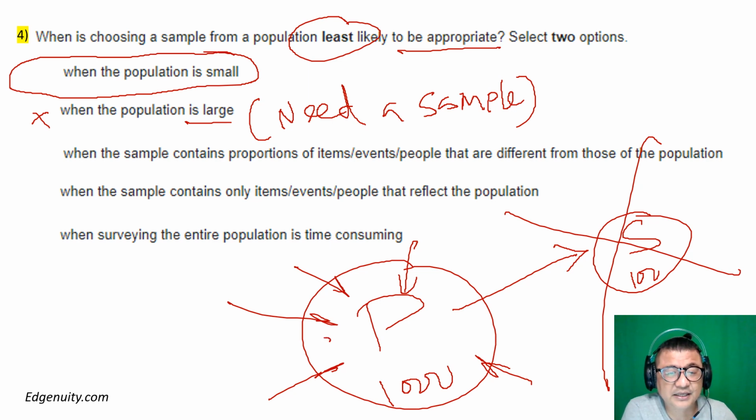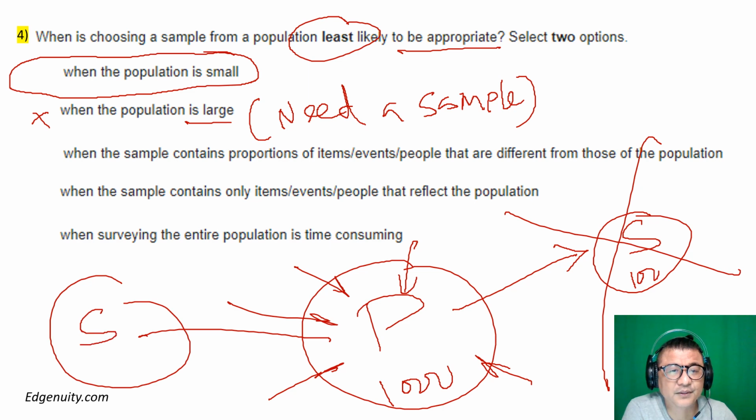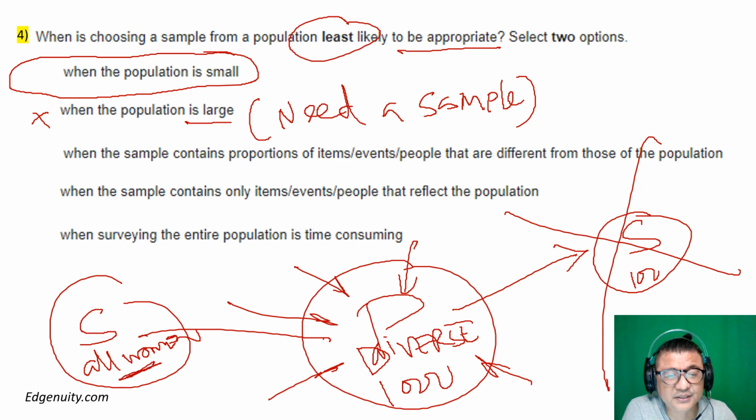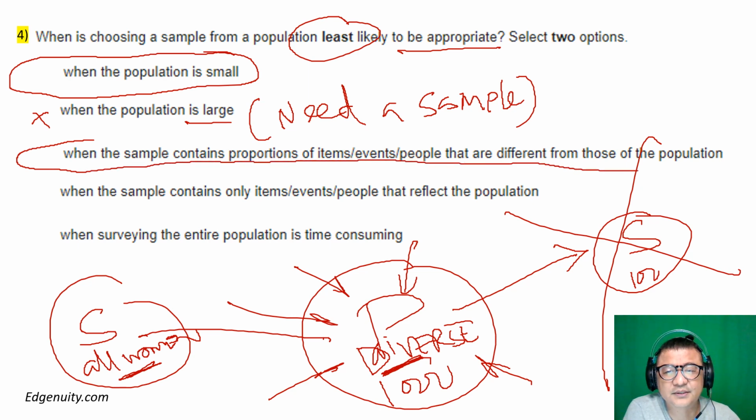For example, I got a sample of, let's say, all women. But these are not all women. This is diverse. My sample is different from the population. That's not a good one. Don't do that.